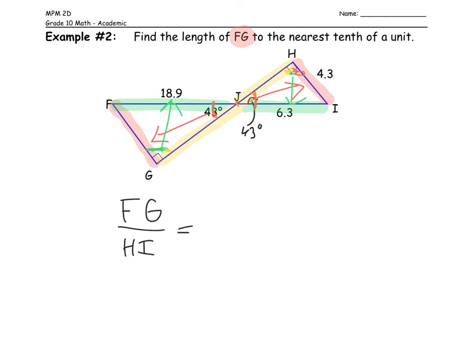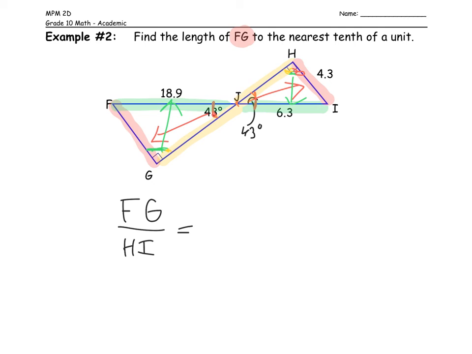Well, it looks like I have FJ and JI. And since those are the sides that are proportional to one another, and I have both of the lengths of those, that's going to allow me to solve for my unknown here. So let me set that up.